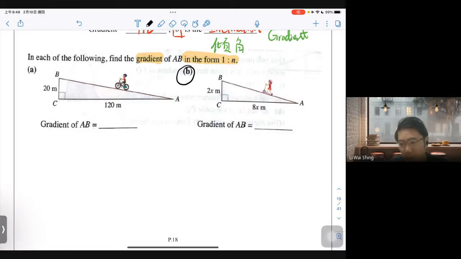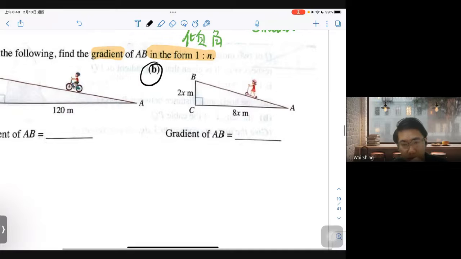Tell me about question B. What is the gradient?